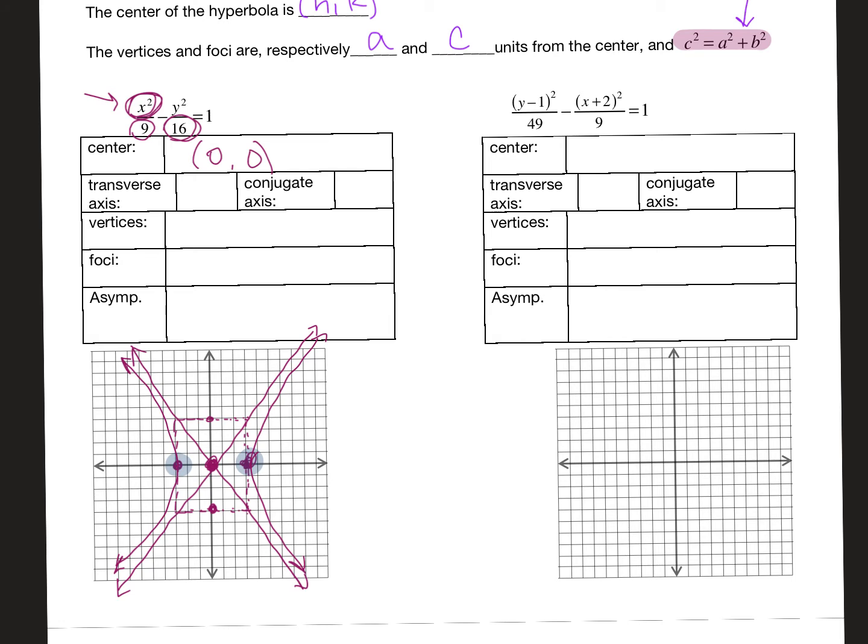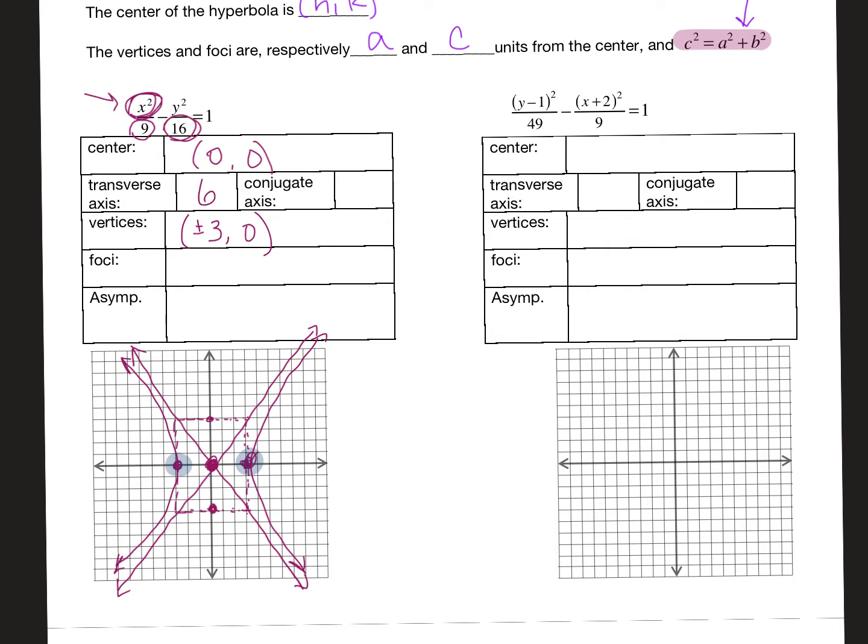So the vertices are those 2 highlighted ordered pairs. They're the only spots that the hyperbola actually touches. So in this case, it's plus or minus 3, 0. The transverse axis is the distance between those 2 highlighted dots, which will be 6.